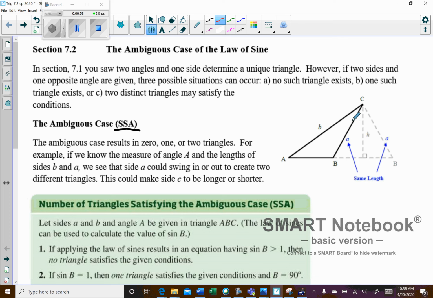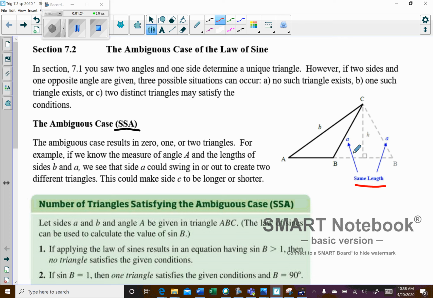Or, see, this side length is the same right here. What could happen is it actually could flip out. And what happens is you have a larger angle up here, and then your angle B is smaller, and side B would be longer also. You could see right here. So that could happen. You could also just have a right triangle where you only have one triangle.